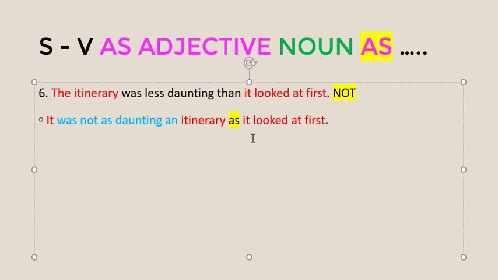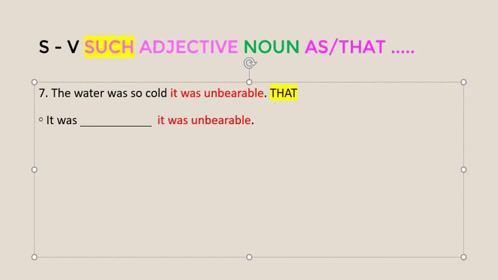Okay, let's continue to number 7. Look at the question: "The water was so cold, it was unbearable." We have to use "that" to create a new sentence which means the same as the question.